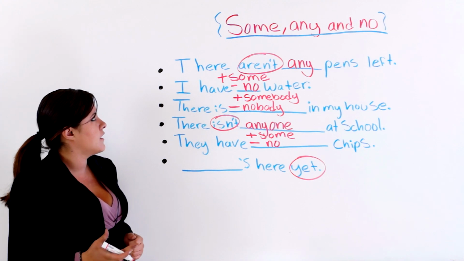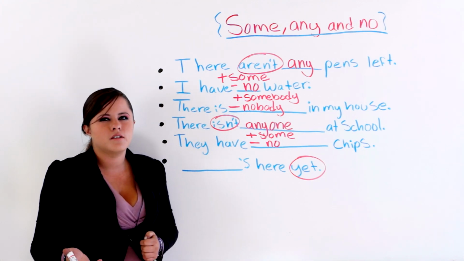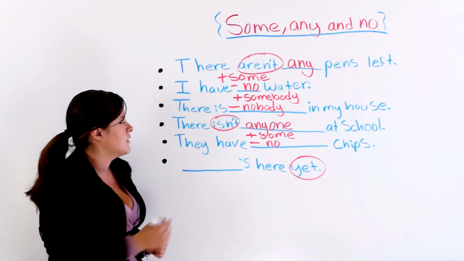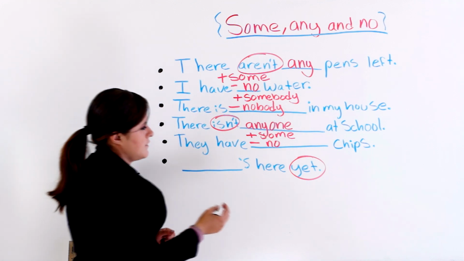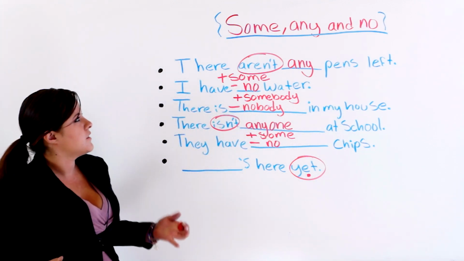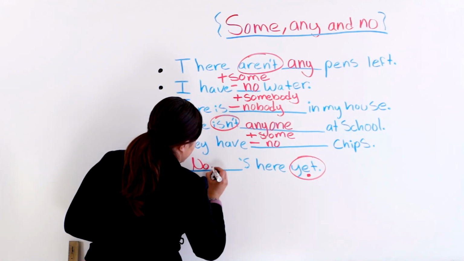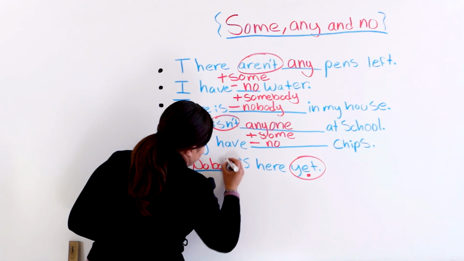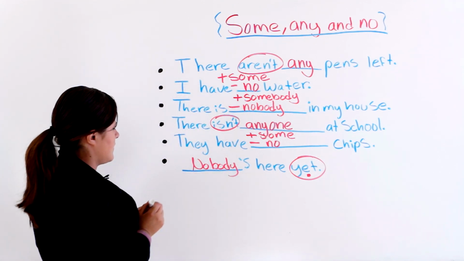So, are we going to say anybody's here yet? No, right? Because we don't have a negative auxiliary. But we know it's negative because we're using yet. Okay? So we're going to say nobody's. Nobody's or no one's here yet, okay? In this case, nobody. Nobody's here yet.